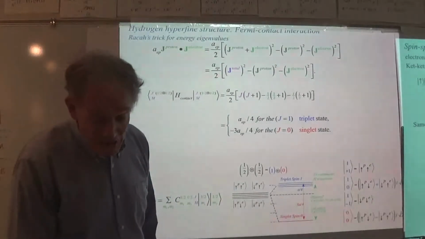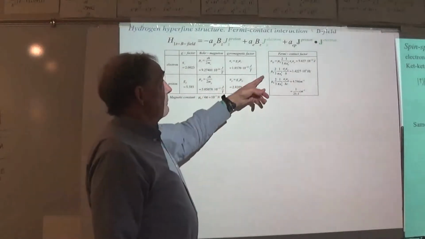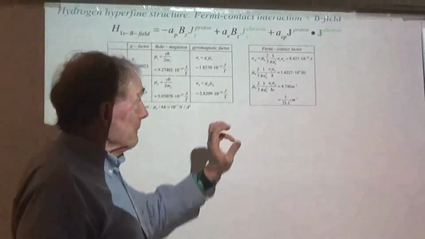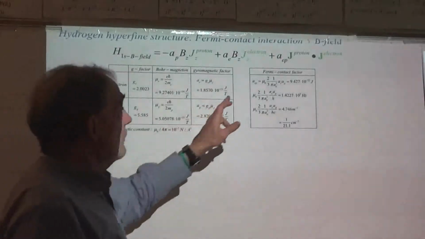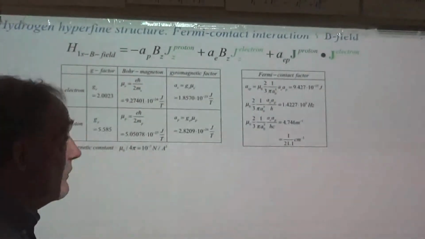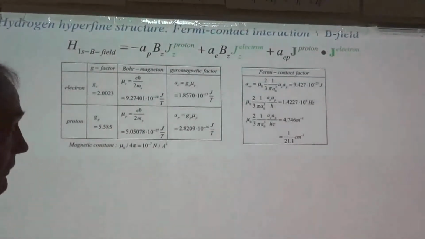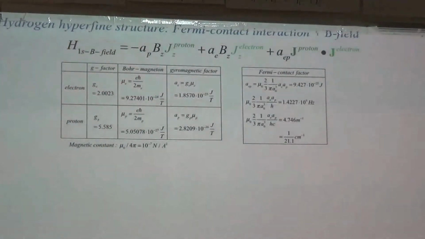But not quite. Okay. First of all, there's all the argument about the parameters and what's involved in them. And this is called the Fermi contact factor, that's the name that's given to it. And there's a little bit of the theory behind this in the links that I'll point to in just a minute here.